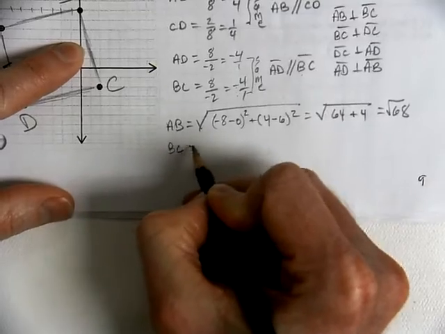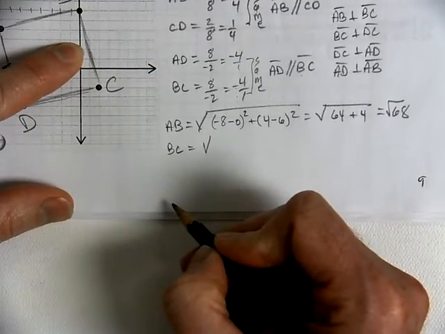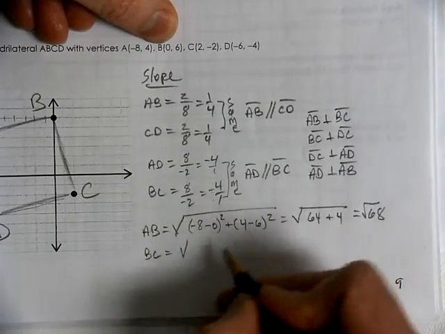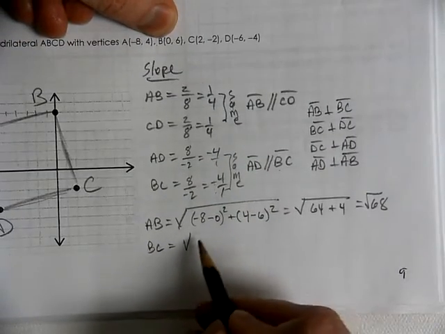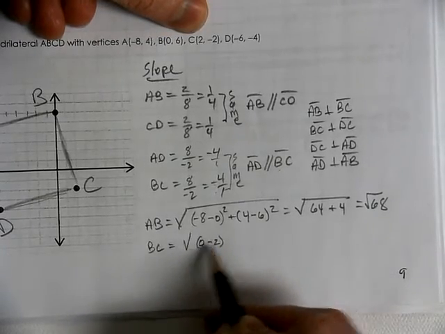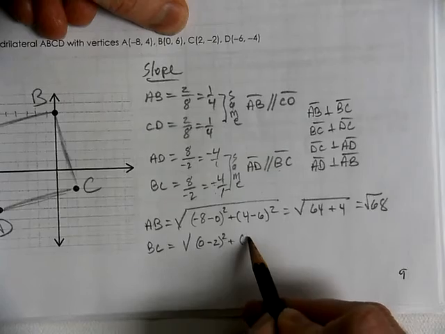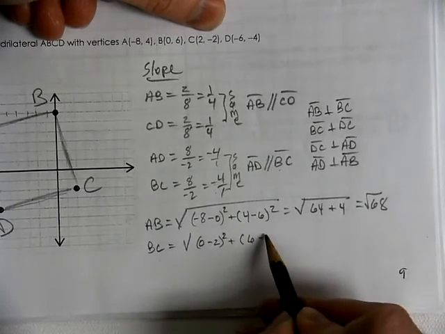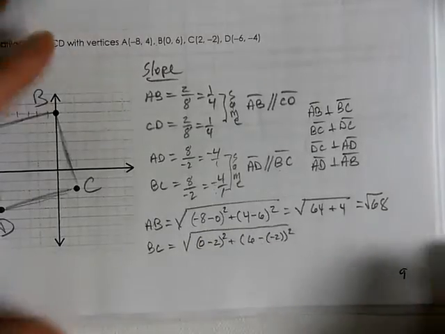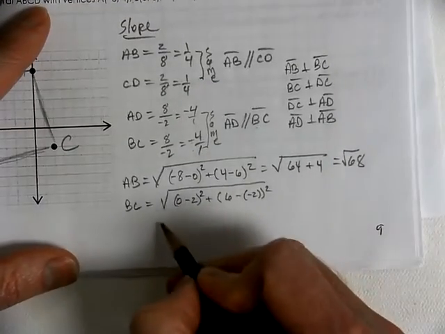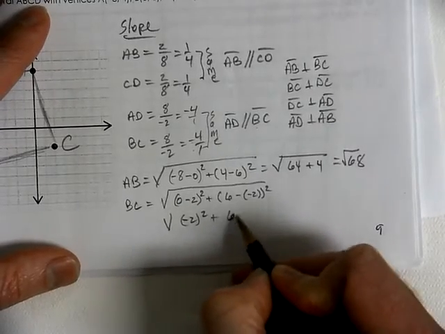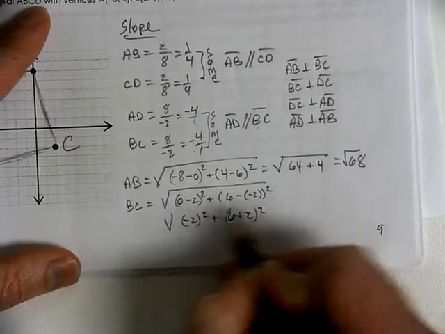I'm going to look at BC. So I'm going to use the BC letters up here at the top. I'm going to take the x value minus the x value and the y value minus the y value. Notice it's a -2, so I have to minus a negative. That means I have -2 squared, and I have 6 plus 2.